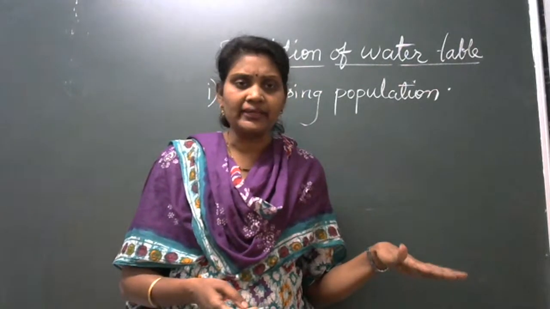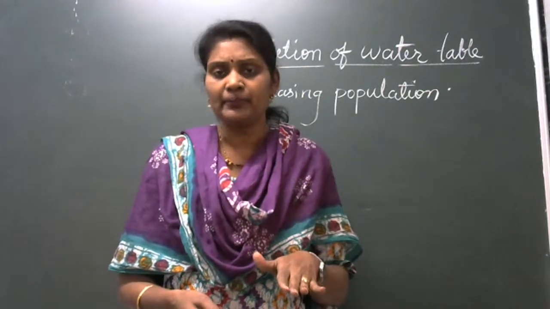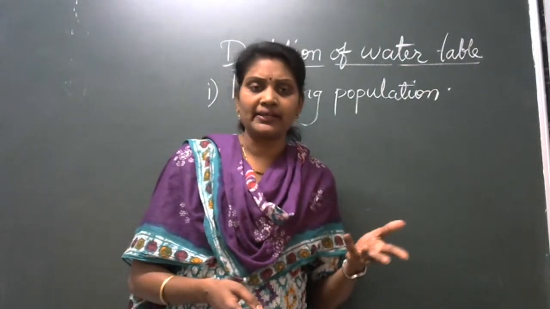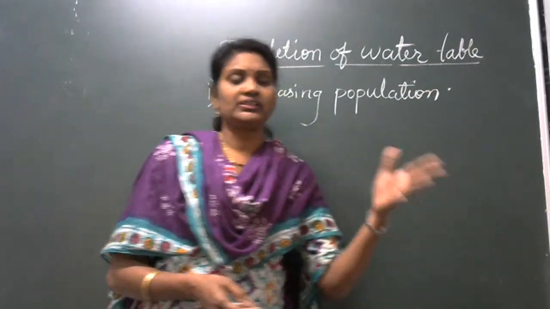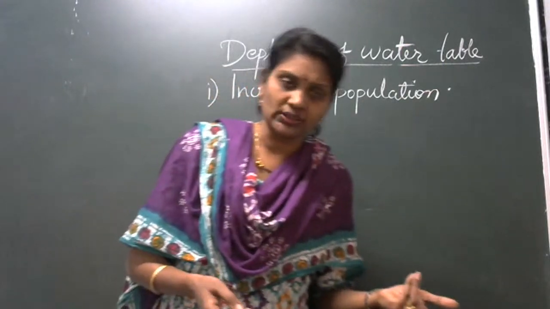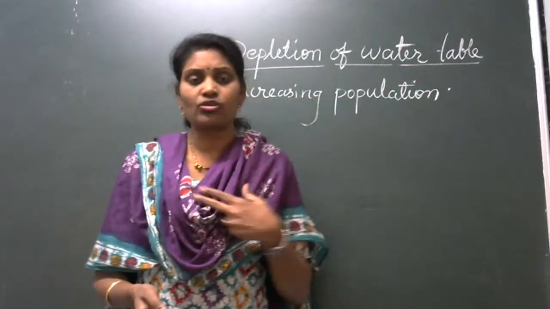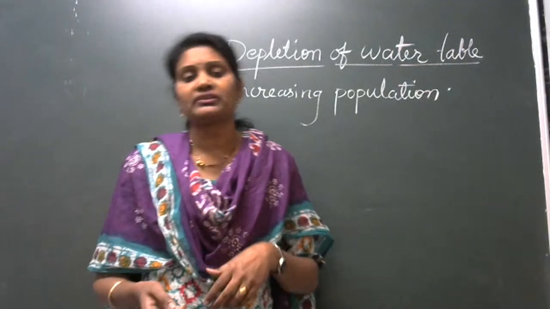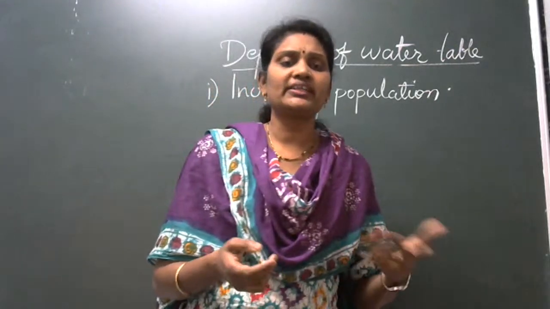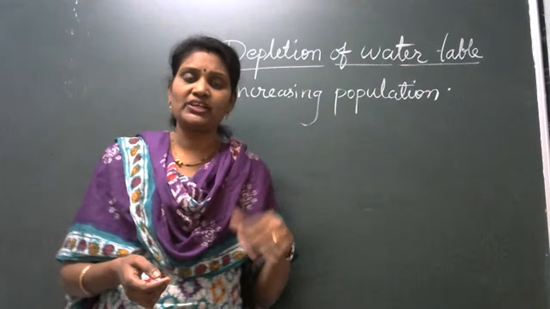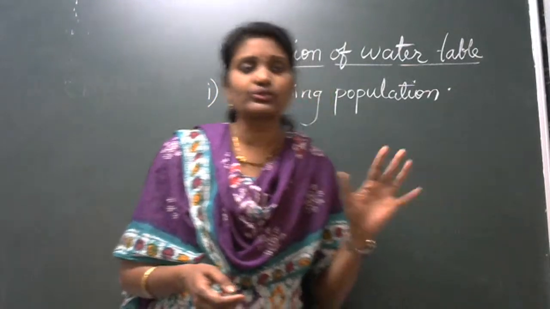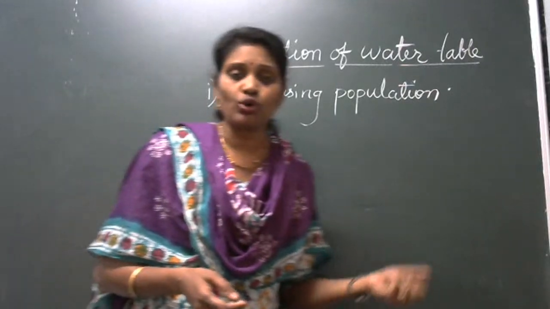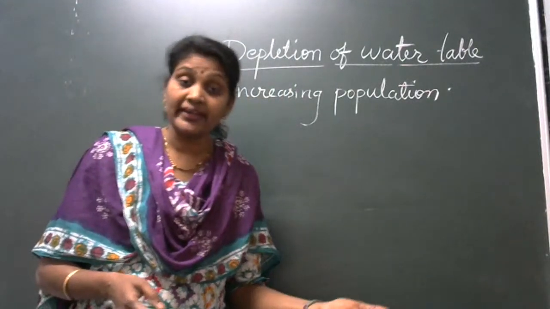पानी तो उतना ही है, समझ में आ रहा है? पानी हम नहीं बढ़ा रहे हैं, ऊपर से पानी उतना ही बरस रहा है, पानी नदियां उतनी ही है, rivers are also not increasing. Then how we can increase? So see, population is increasing, the amount of usage is also increasing. पहले घर में 2 लोग थे, अभी 4 हो गए.